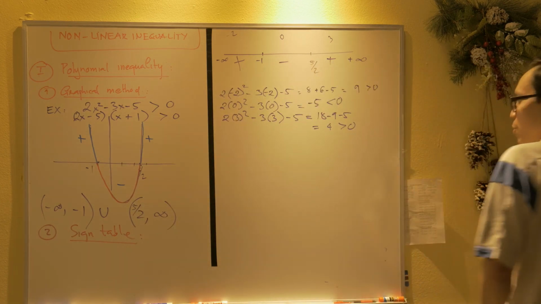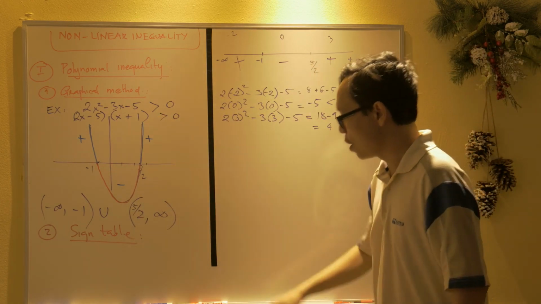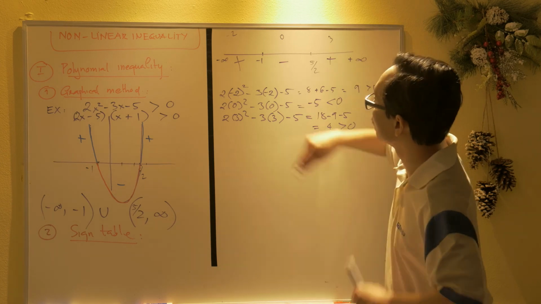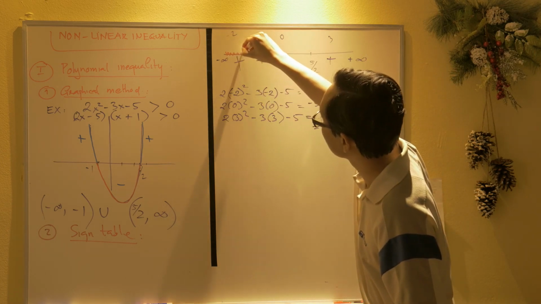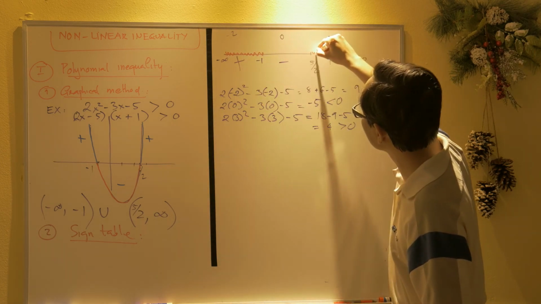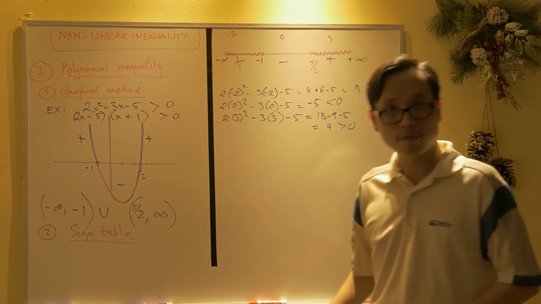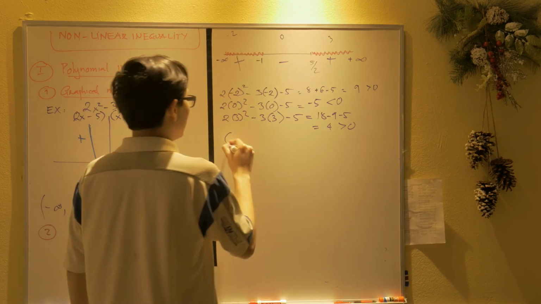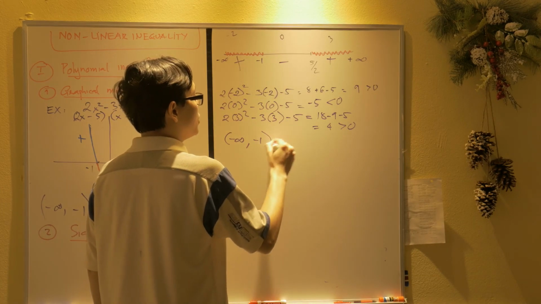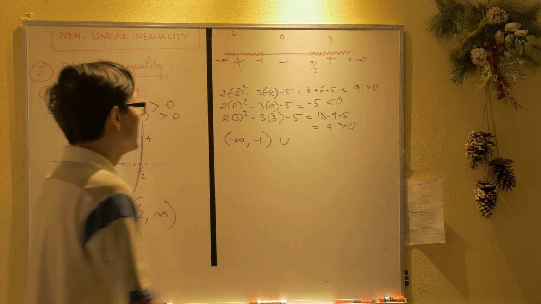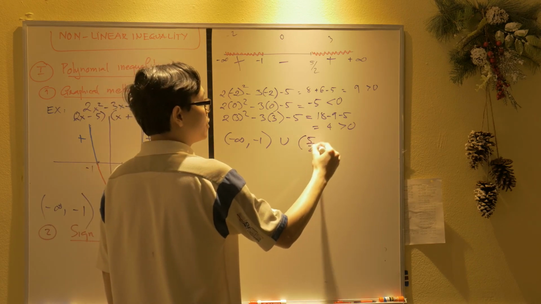And the original inequality, we want positive, so my answer will be these parts. Because it's positive, my final solution will be negative infinity to negative 1, union 5/2 to infinity.